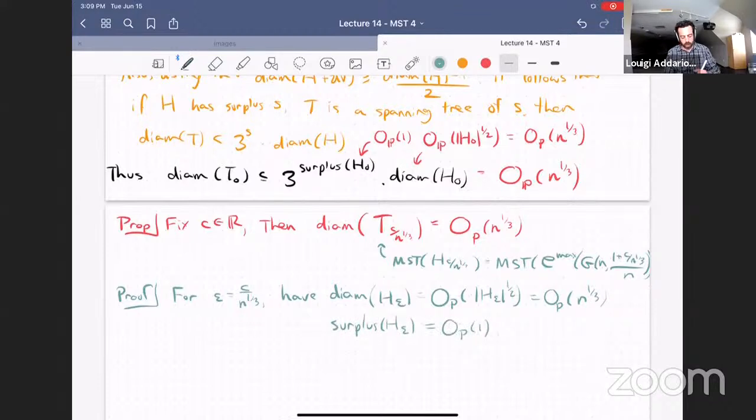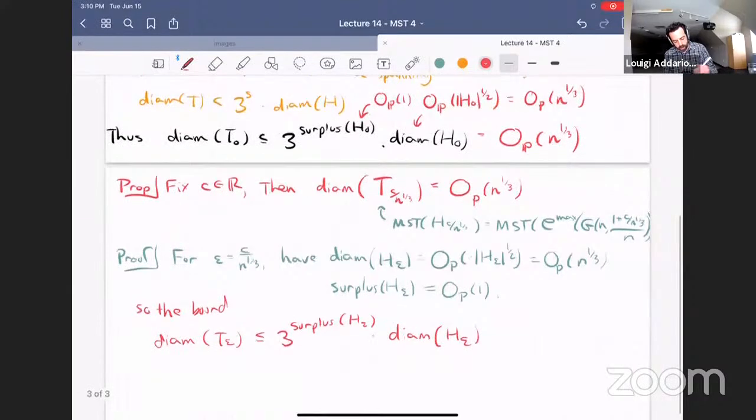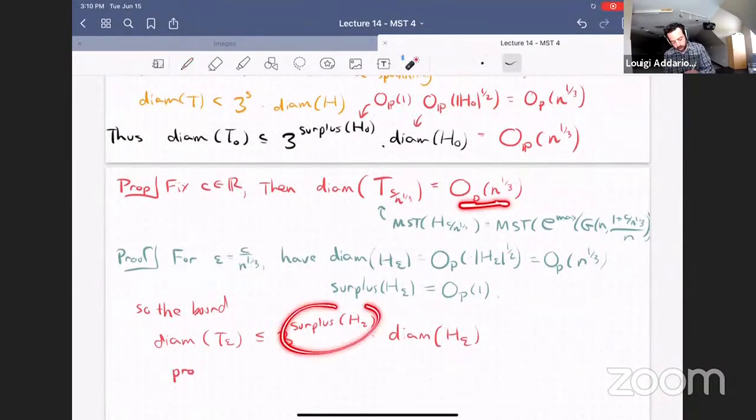And so this bound, that the diameter of T epsilon is at most 3 to the surplus of H epsilon times the diameter of H epsilon, gives this upper bound here. This term is order 1 in probability, and this term is order n to the 3rd in probability.